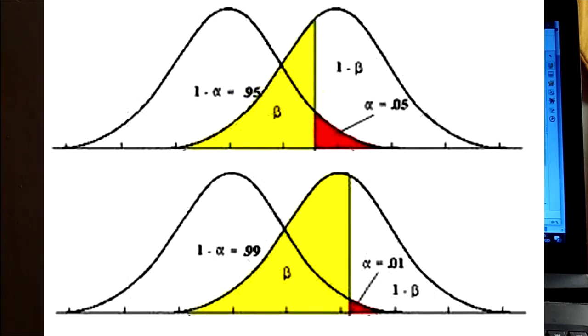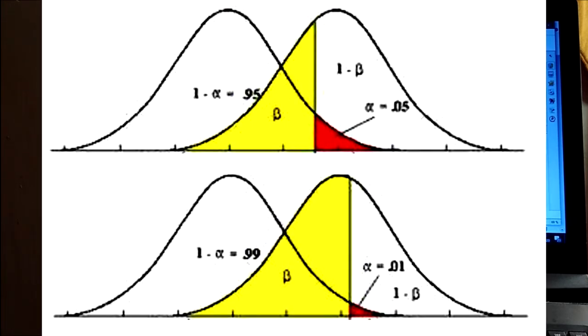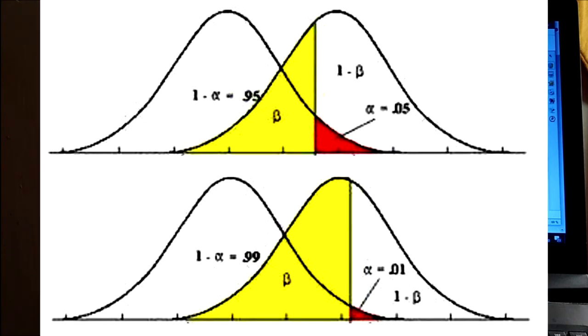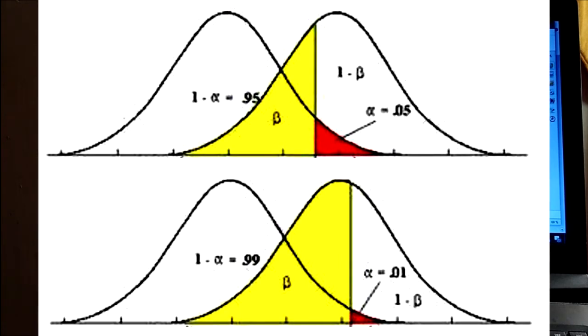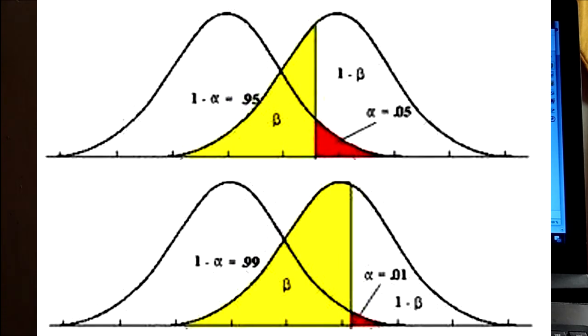If alpha is marked by red, at this moment the chance for making beta error is marked by blue. What happens if we make alpha smaller? Then there is more space for beta error.